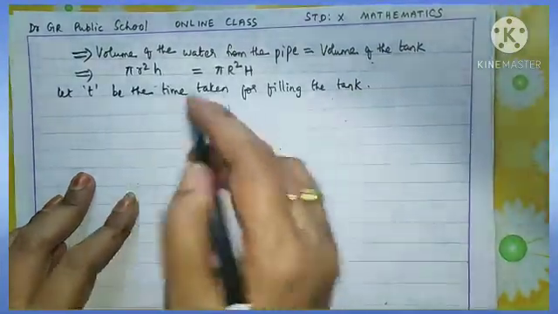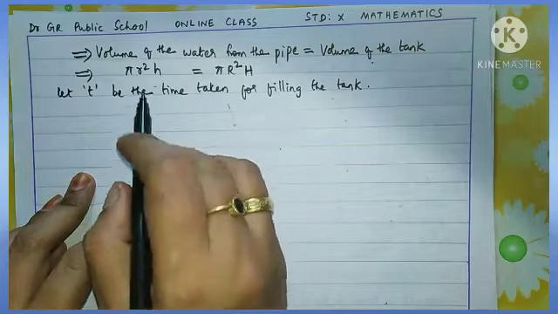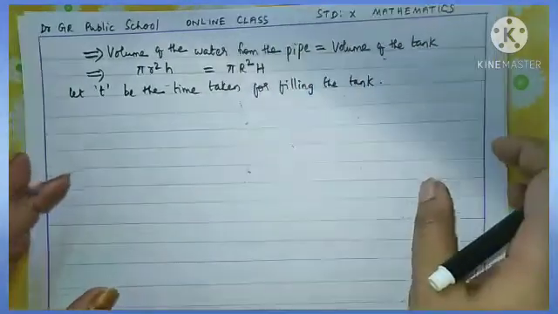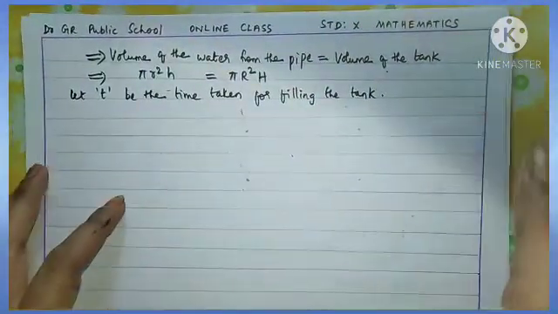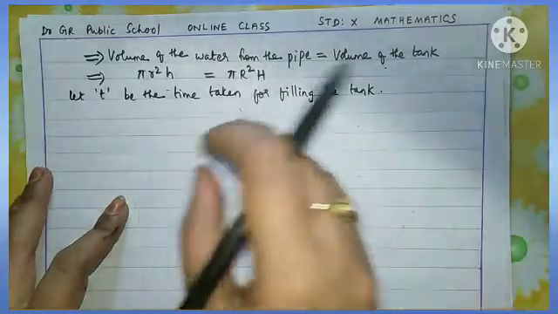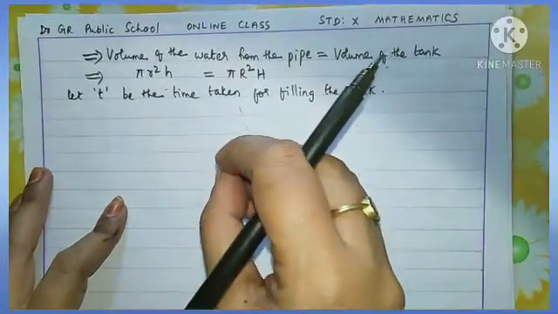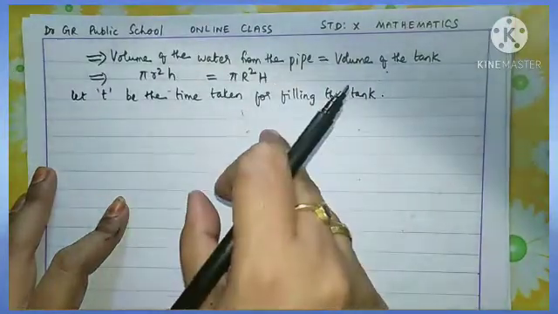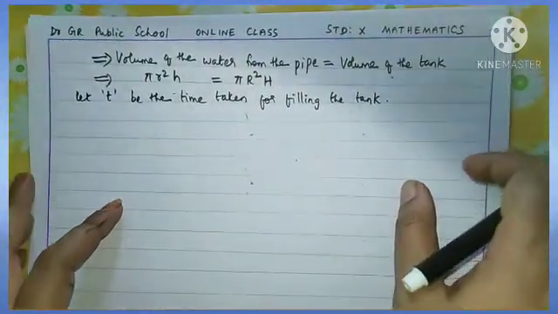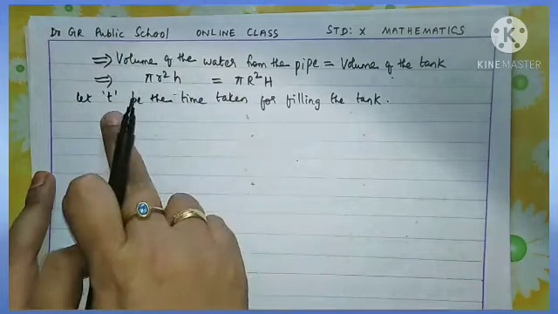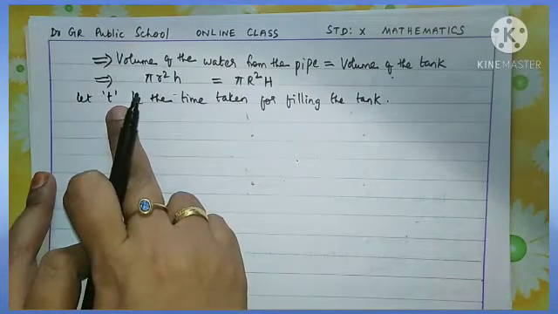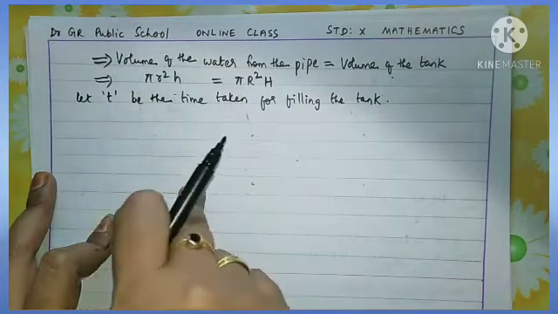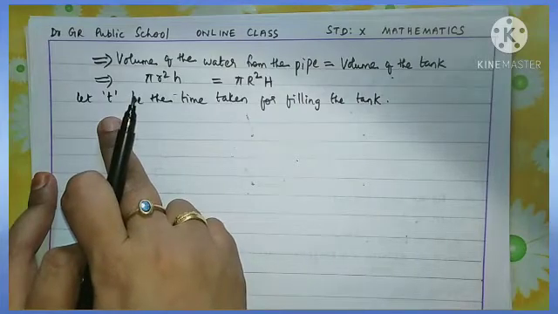Okay, so we have the water coming from the pipe at the speed of 3 kilometers per hour and filling the tank. So this quantity we need to multiply by the required time. The required time we have taken as t, so that you will get the value of t.